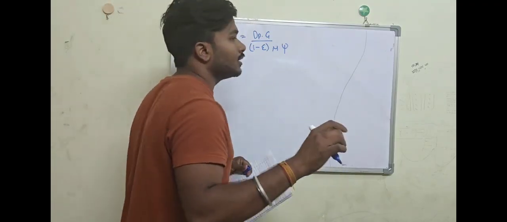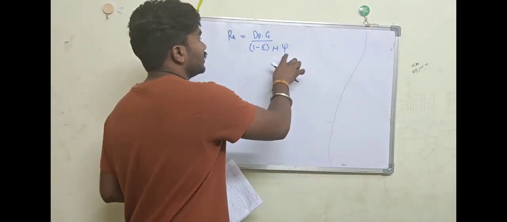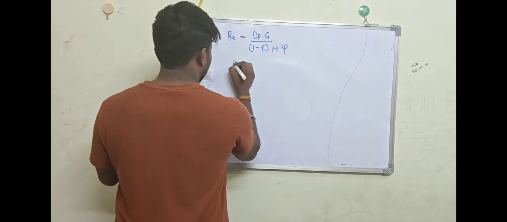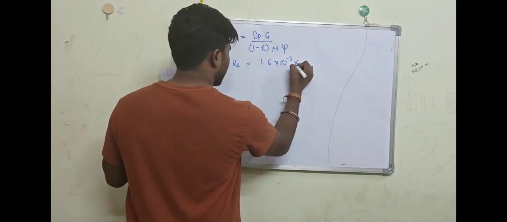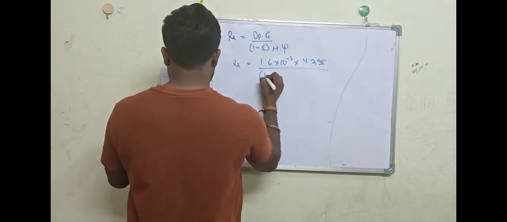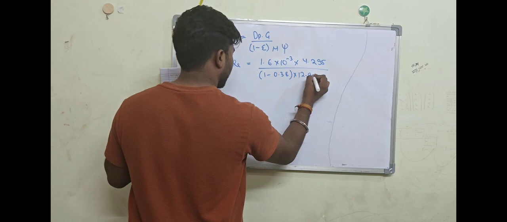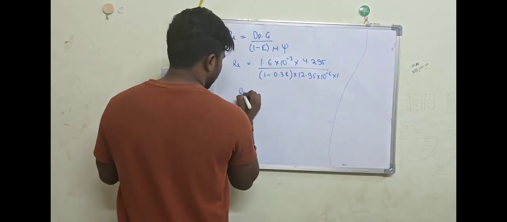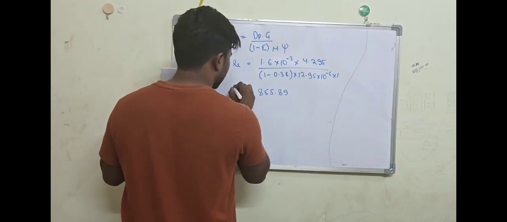We will assume the lead particle is spherical, so the psi value for that will be 1. So let's put all these values in this formula: 1.6 into 10 to the power minus 3, 4.295 we calculated, 1 minus 0.38, over 12.95 into 10 to the power minus 6 into 1, which results in 855.89.